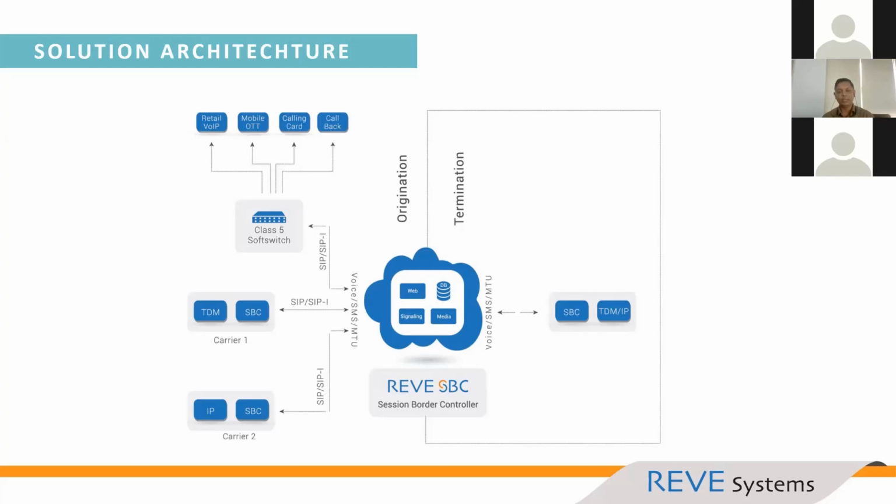When OTT, retail IP calling and wholesale calls are all coming to your network and you are sending them to your termination, in the middle the session border controller works to protect the network and increase its capability, such as topology hiding, NAT traversal, and media interoperability. This will help you increase the performance of your network.